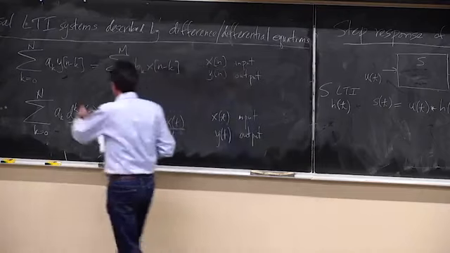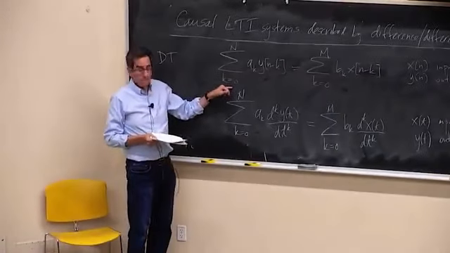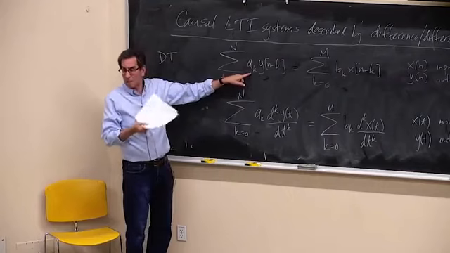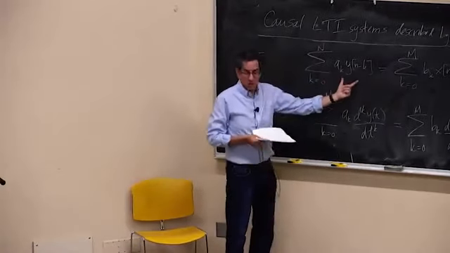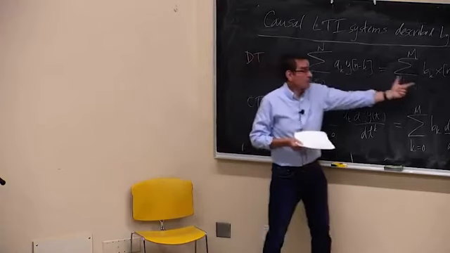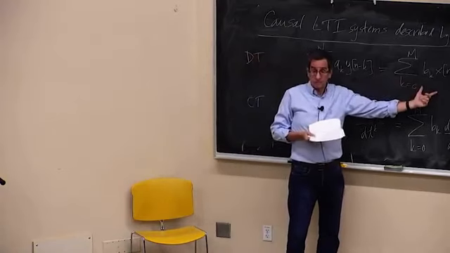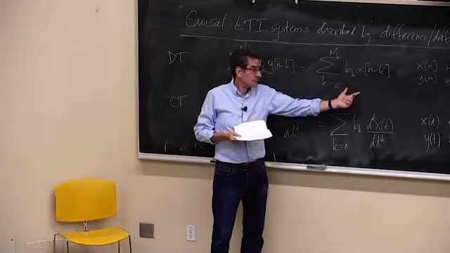When the left-hand side only involves the k equals 0 term, well, there may be a constant in front, but we can always divide by it. Basically, that describes y of n as a linear combination of time shifts of the input directly.